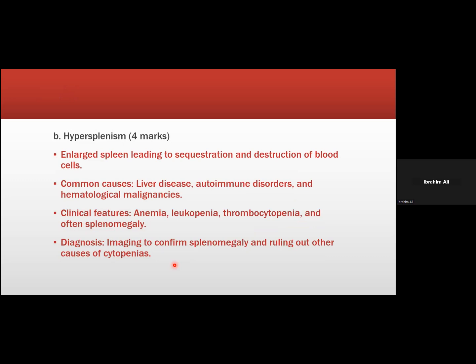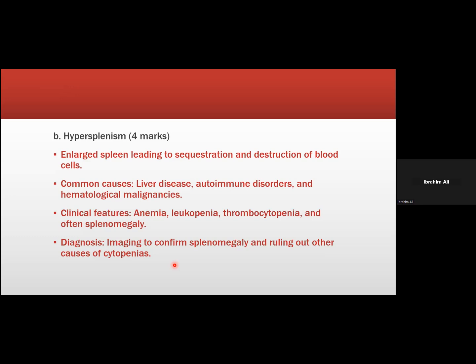The spleen over-destroys your RBCs and overworks. Even small things, like small infections, start destroying your RBCs and macrophages.